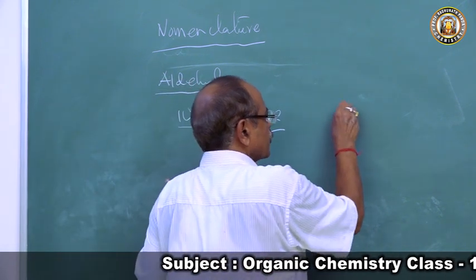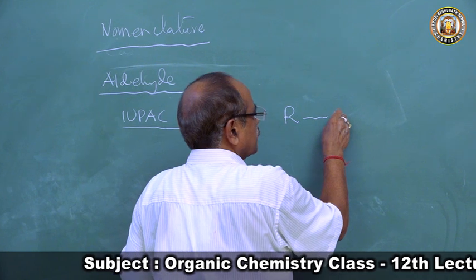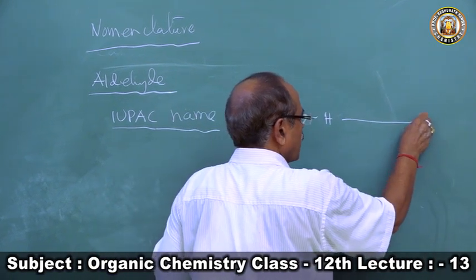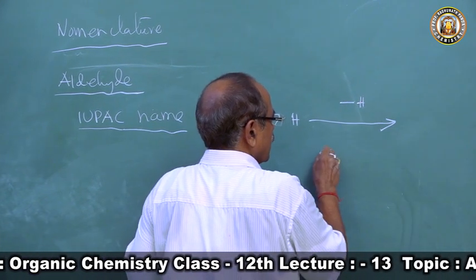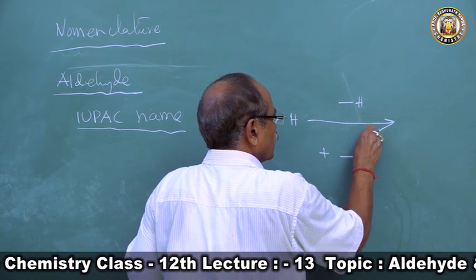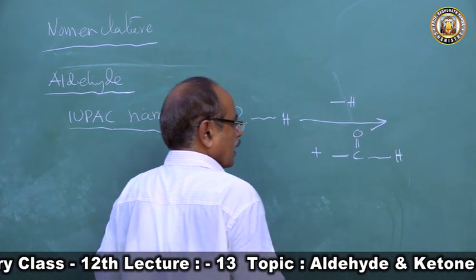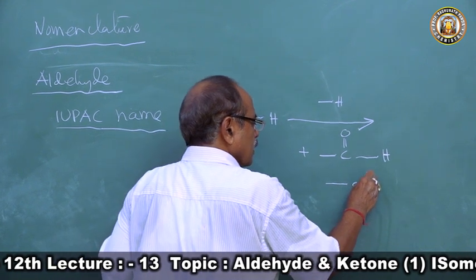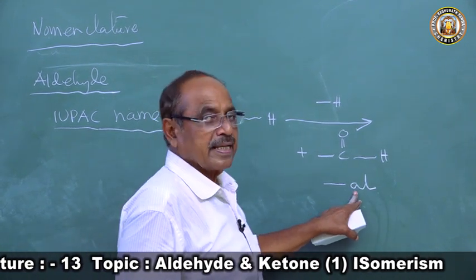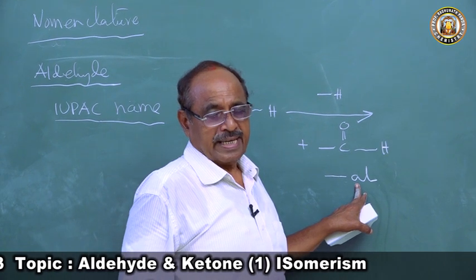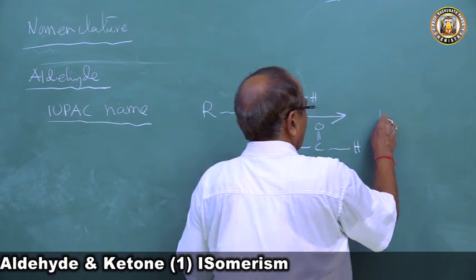So this is RH, an alkane. From RH we are removing H and putting COH, the aldehyde group. The aldehyde group's symbol is Al.